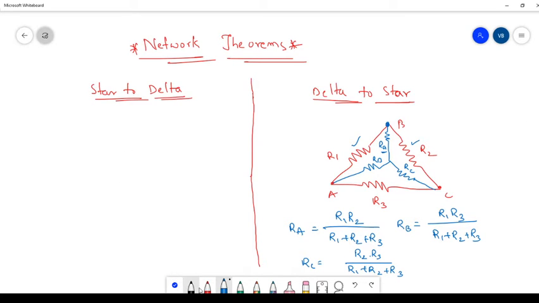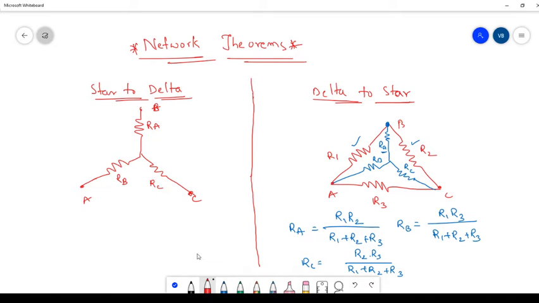In the same way, now star to delta. Here I am first drawing with a red line a star connection which has 3 nodes, like this is A, this is B, and this is C. These values we indicated as RA, RB and RC.